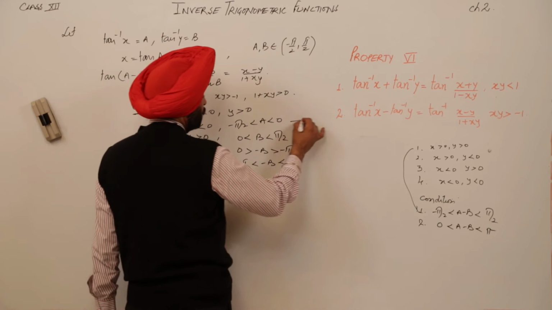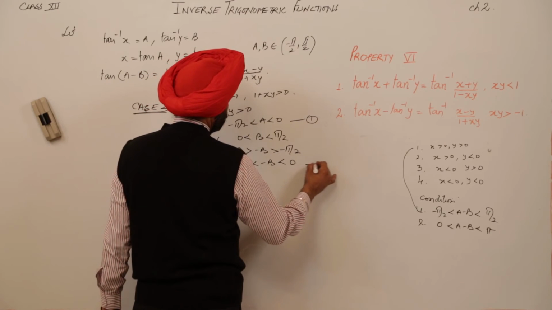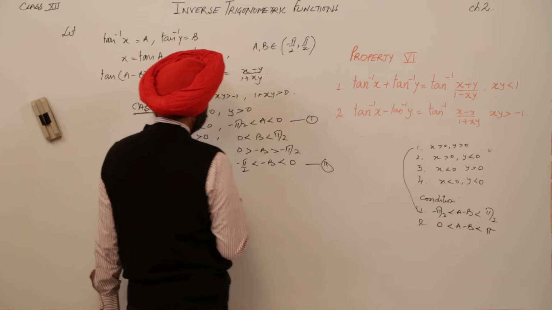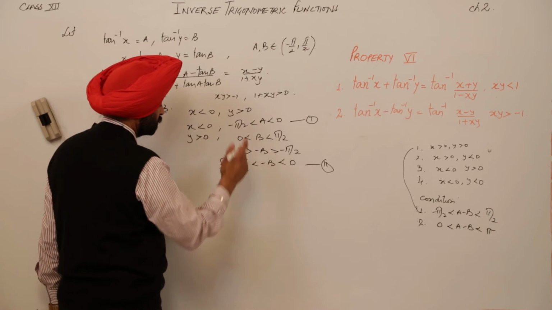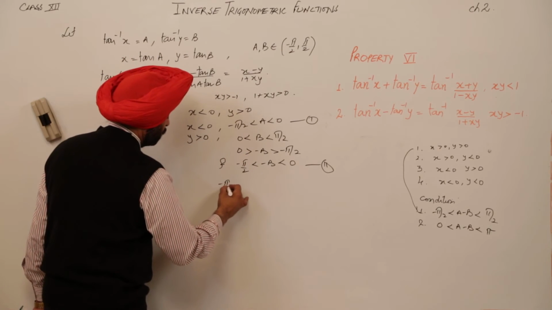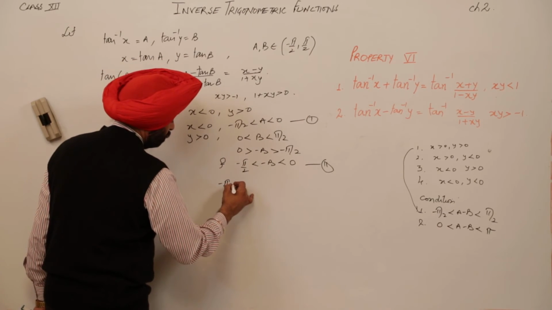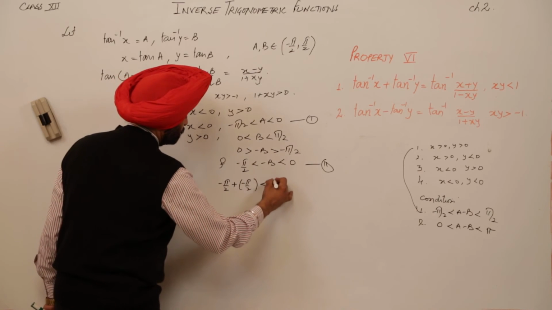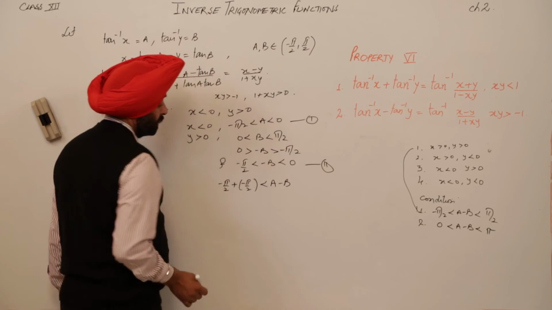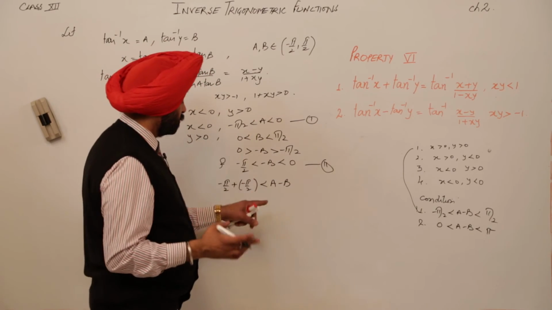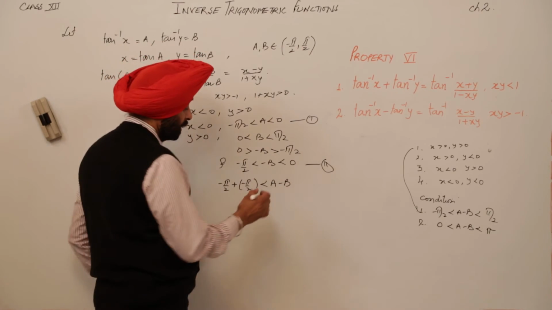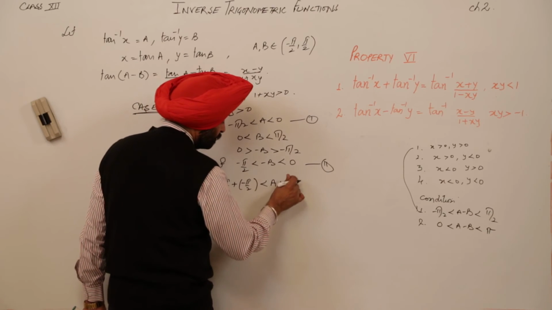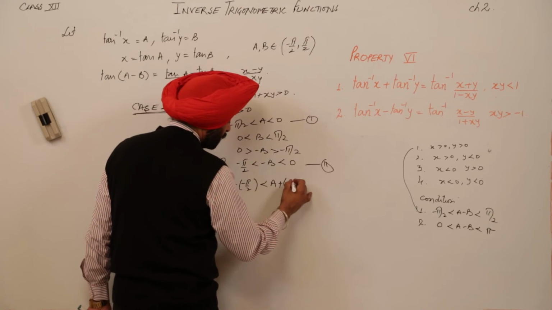Now again adding 1 and 2. Adding 1 and adding 2, so what do we get? Minus pi by 2 plus minus pi by 2 is less than a minus b. I have used adding, so here we can write a plus minus b.